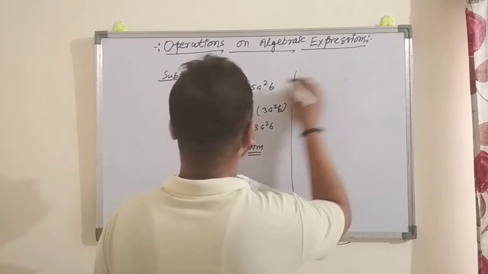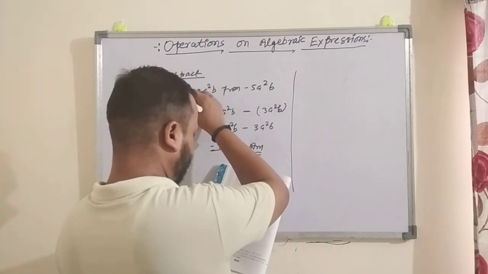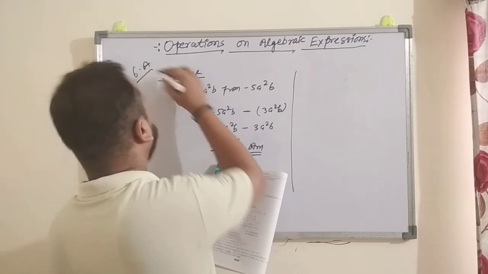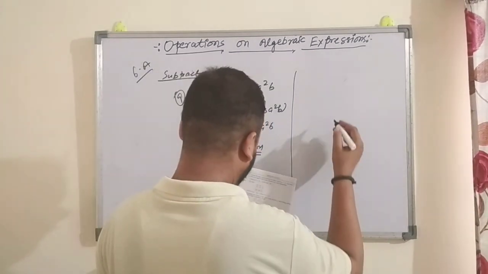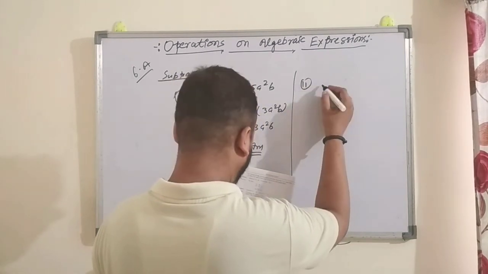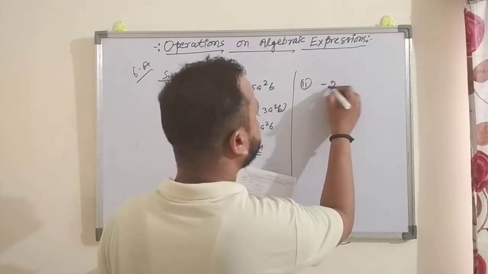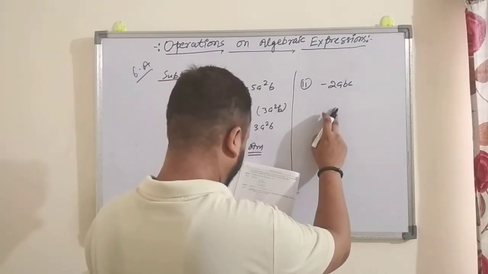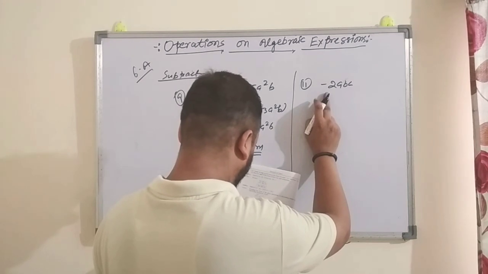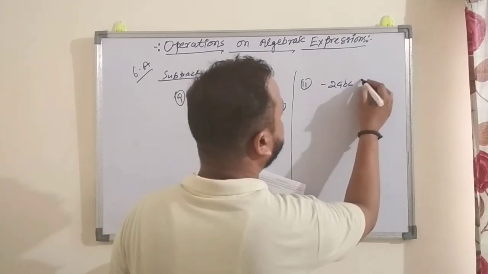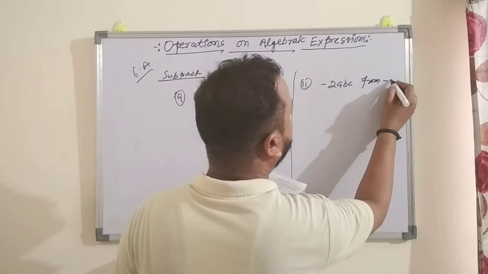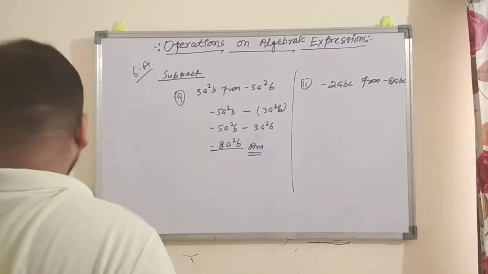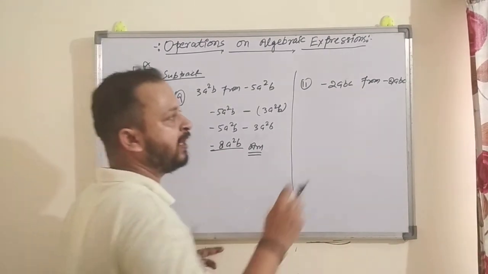This was question number 9 of exercise 6a, right? One question is given as question number 11. Question number 11 is subtract minus 2abc from minus 8abc, right? So subtract minus 2abc from minus 8abc.